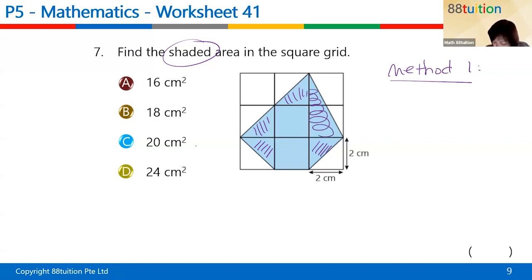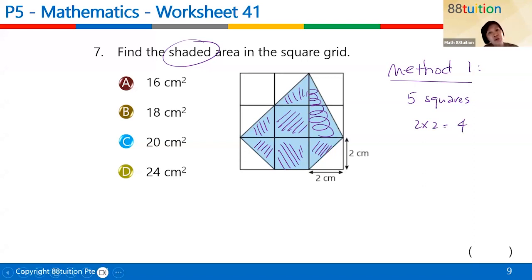So you have 1, 2, and 3. So plus here 4, plus here 5. So there are 5 squares shaded in total by counting. And 1 square itself will be 2 multiplied by 2, which is 4. So after that, it will be 4 times 5.